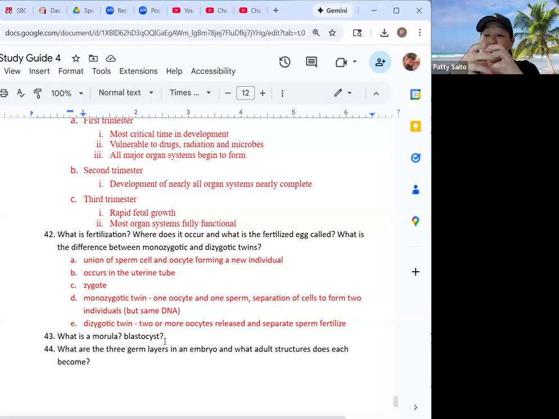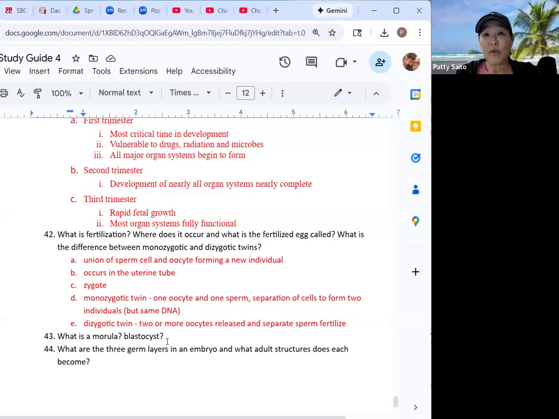And then those cells continue to divide by the process of mitosis. What happens if after that first cell division, those two cells separate and each now becomes a complete individual? That is what we call a monozygotic twin, right? So one fertilized egg, one zygote, and you get two individuals.